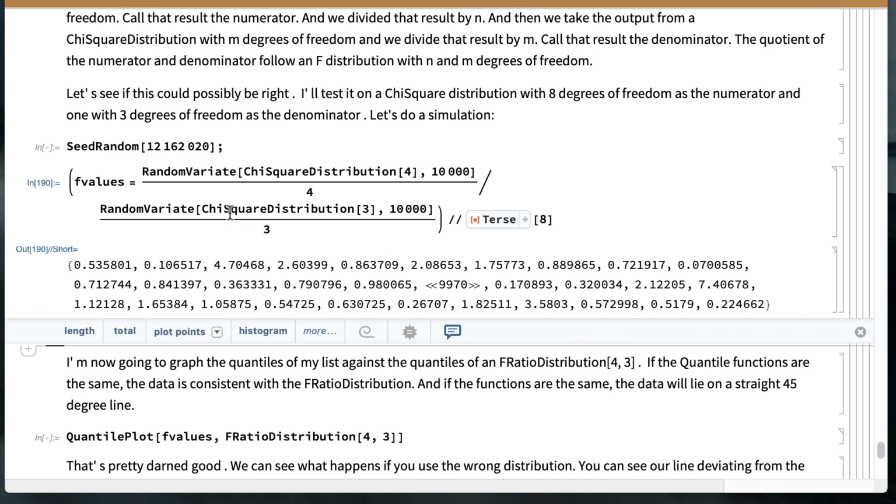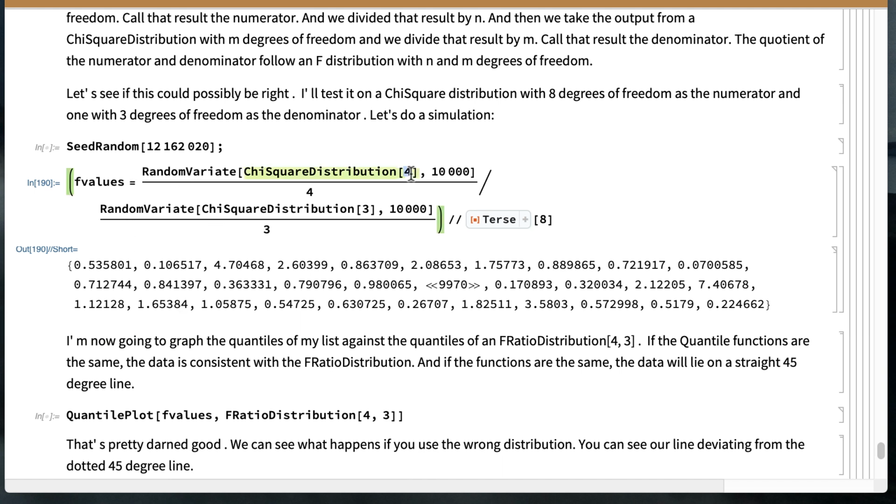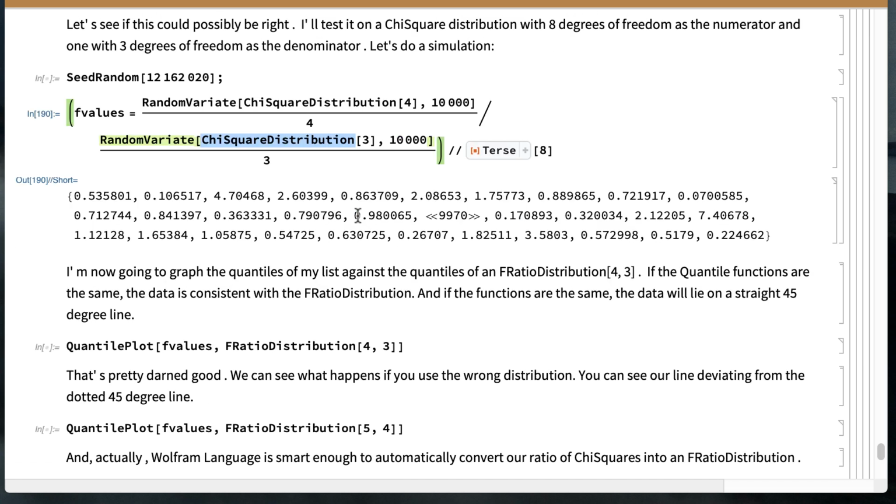So here's an example, where the numerator had 4 degrees of freedom, the denominator had 3 degrees of freedom. I produced 10,000 of them. And now let's do a quantile plot of those values against an F ratio distribution with first parameter 4 and second parameter 3.